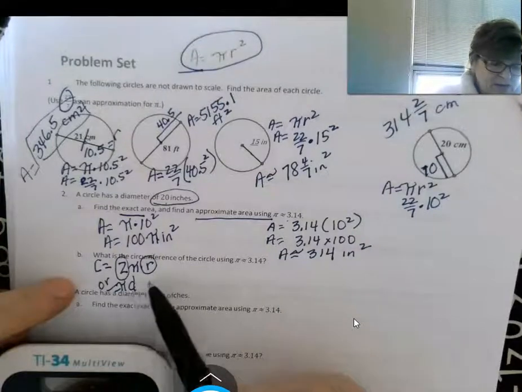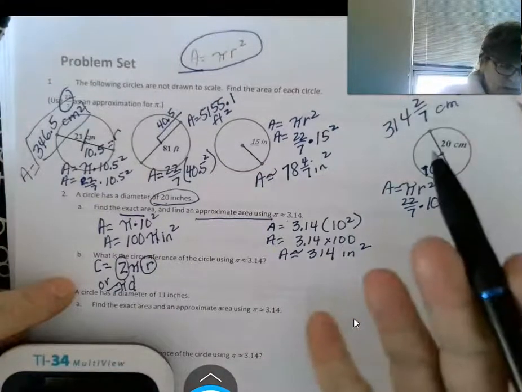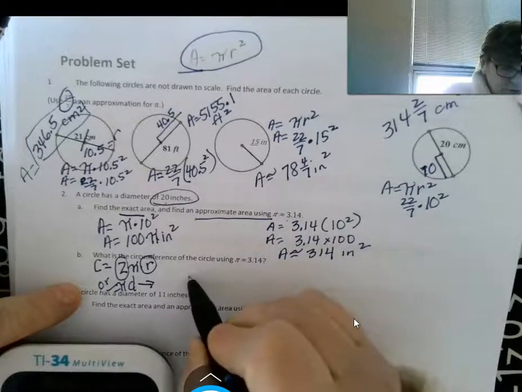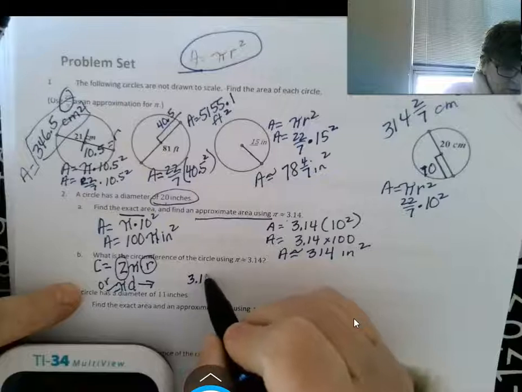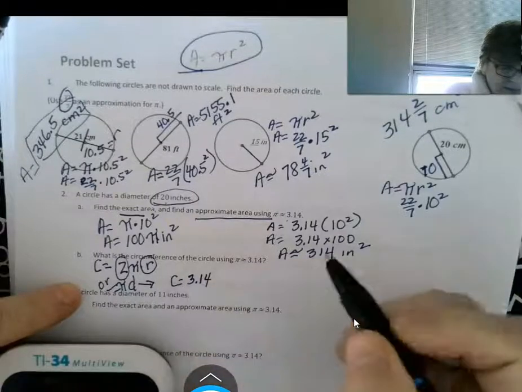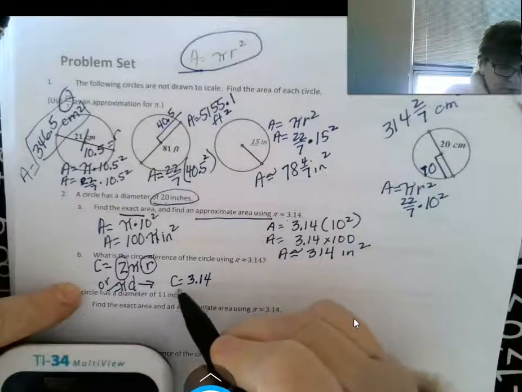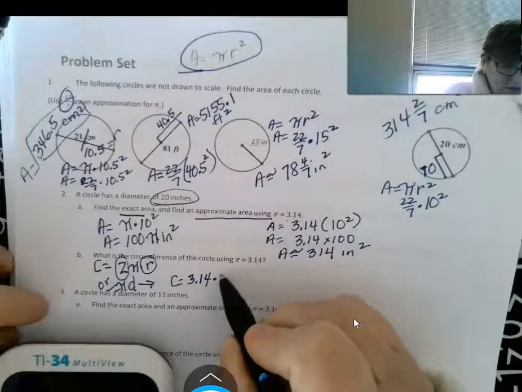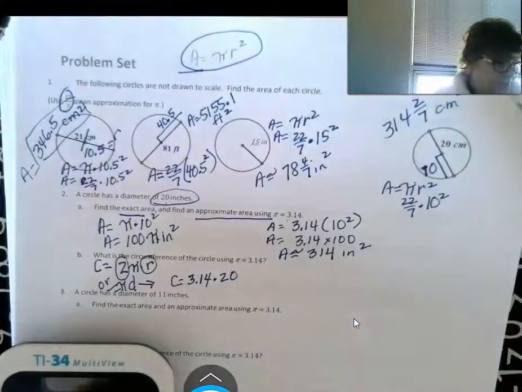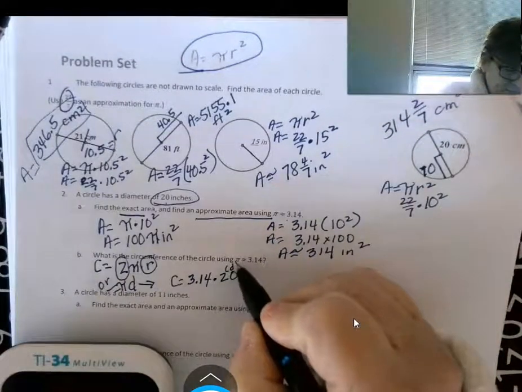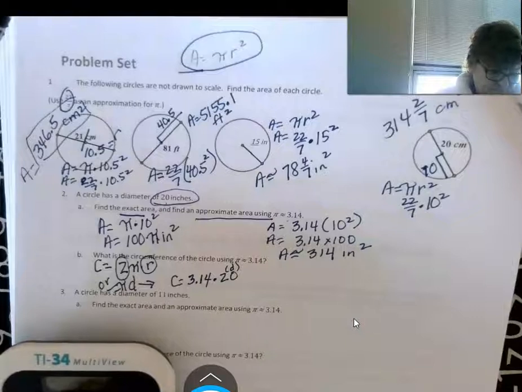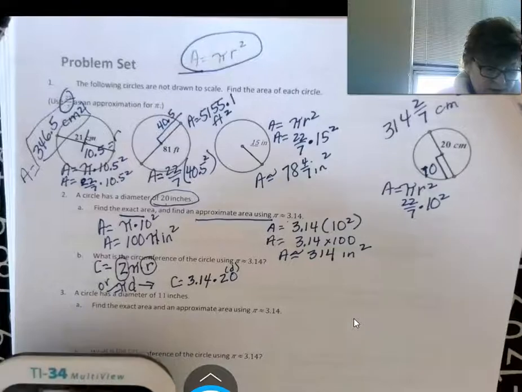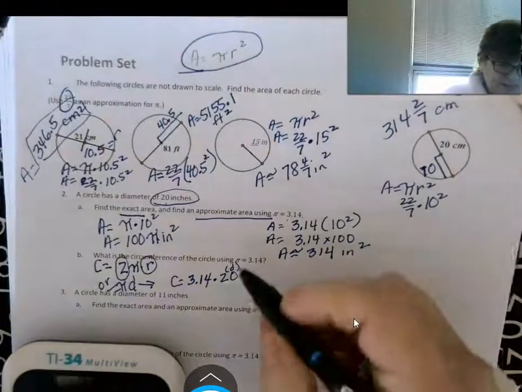And since I already know the diameter is 20, I'm going to do C is equal to 3.14 times 20, because that is my D. Which is 62.8.